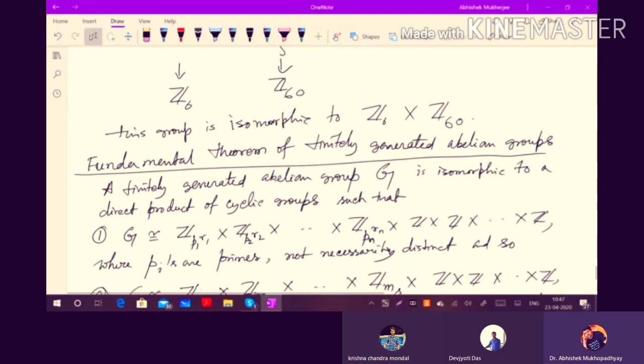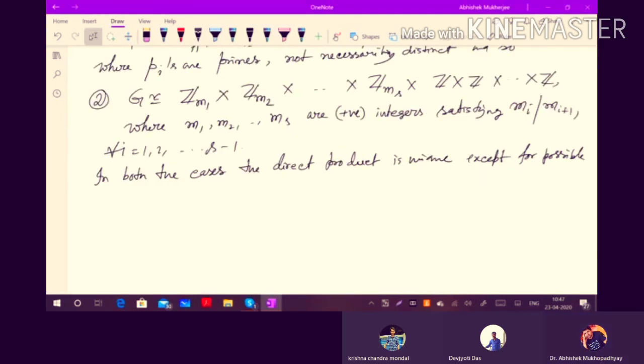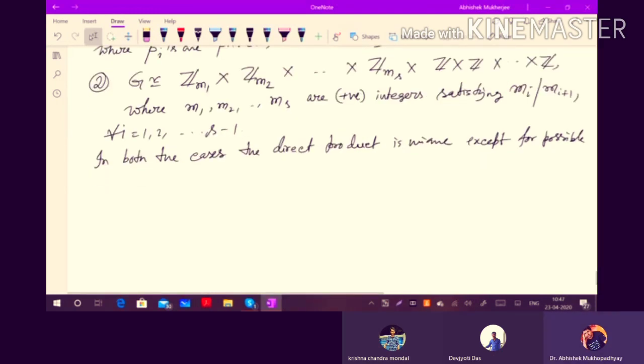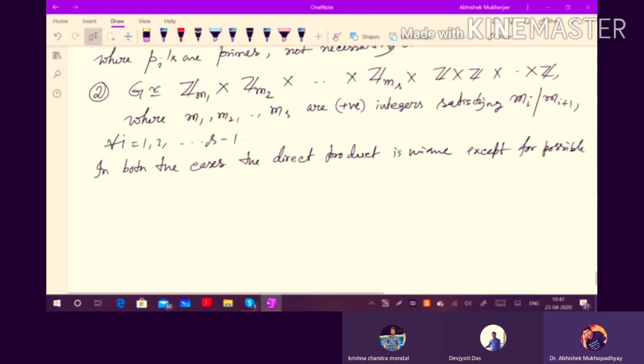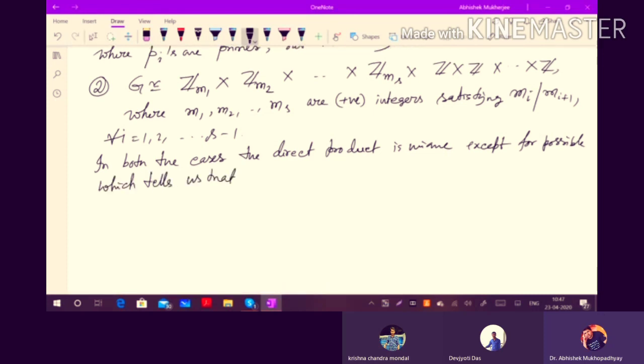So rearrangement of the factors is needed, which tells us that the Betti number of G is unique.